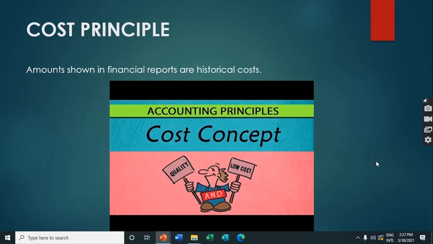Hindi yun pwede. So, ang cost principle, kung magkano yung amount niya ngayon, yun yung i-record mo. Hindi yung amount niya in the future. So, hindi yun pwede. So, that is your cost principle.